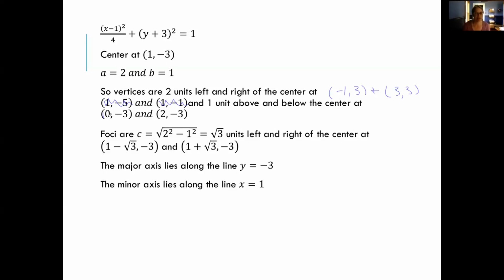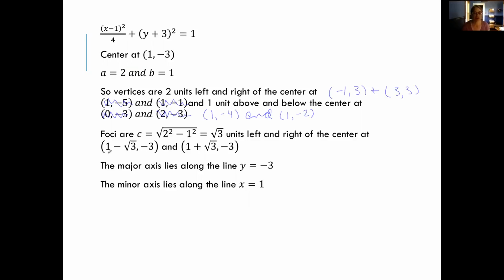We will have points on the minor axis 1 unit above and below the center at 1, -4 and 1, -2.